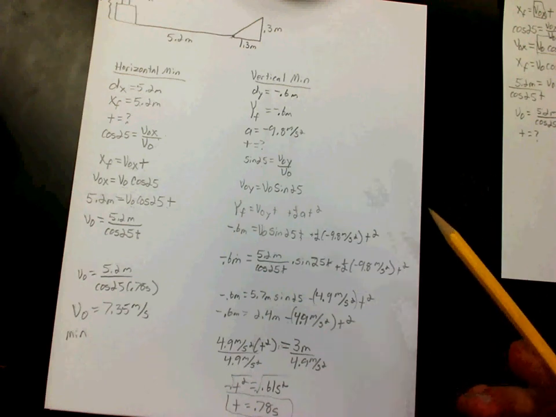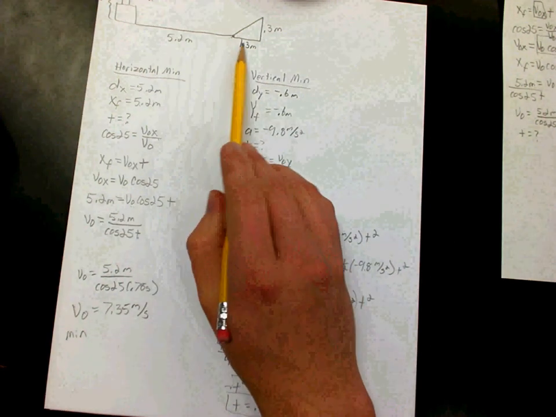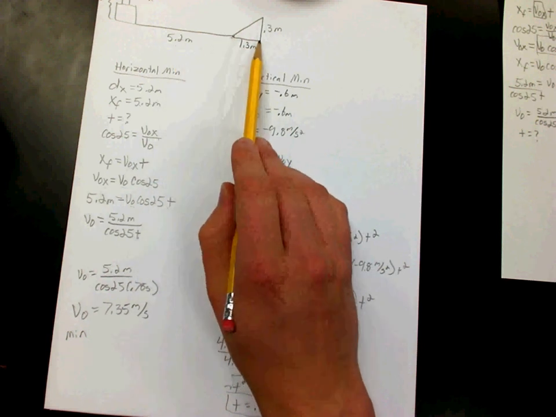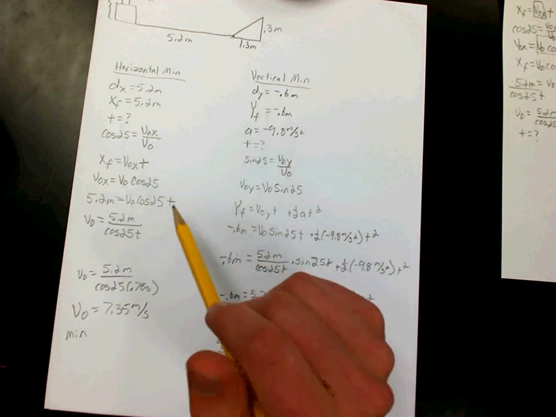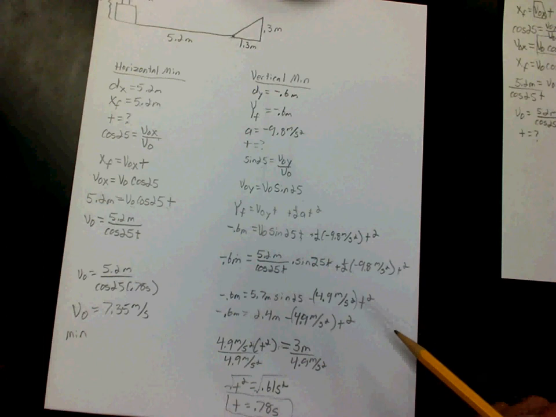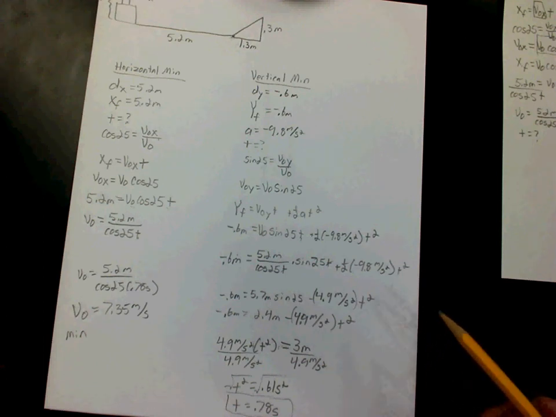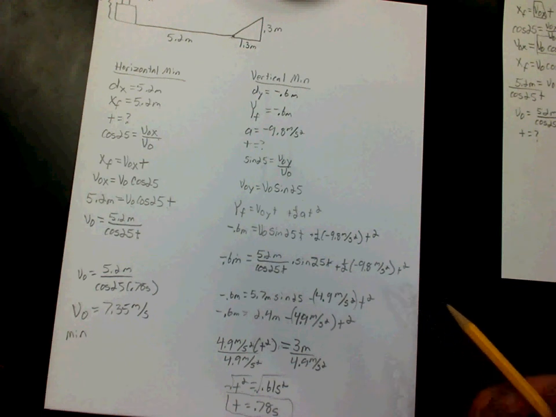The thing that's going to change is that with your maximum, instead of 5.2, you're going the full hypotenuse right here, which I think was 1.22 meters. So you can have that.